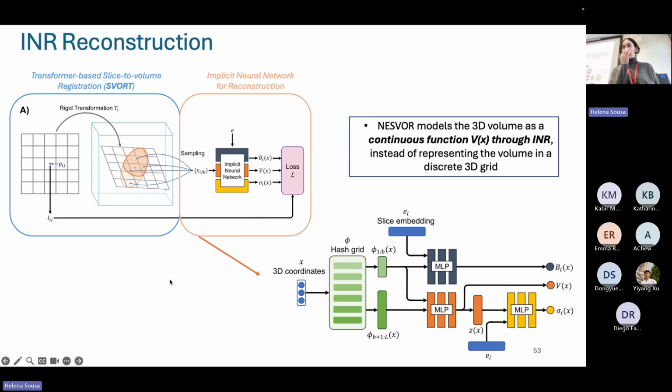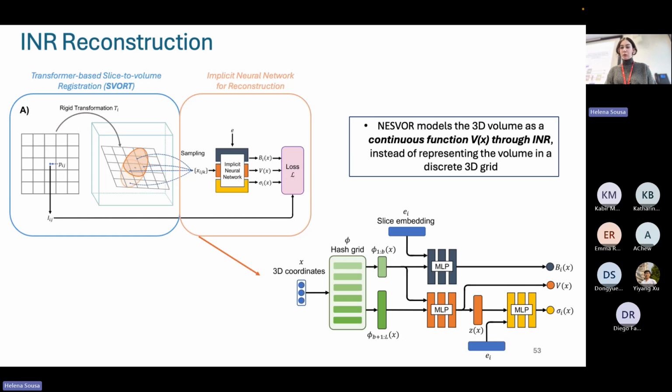So now I'll look at how the actual process of reconstruction happens through implicit neural networks. Here we have an overview of this pipeline and architecture, in which our goal is to reconstruct this 3D continuous volume that explains our observed slices.